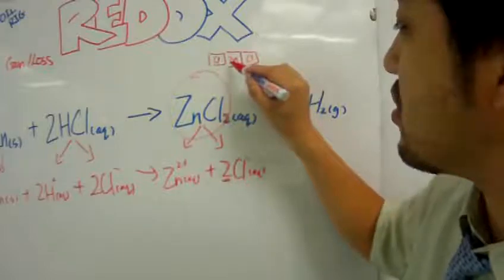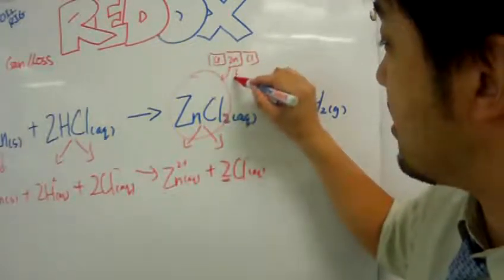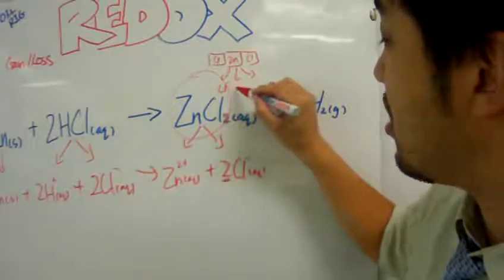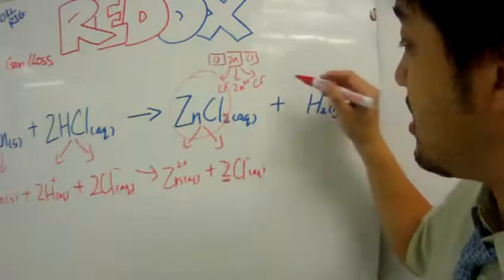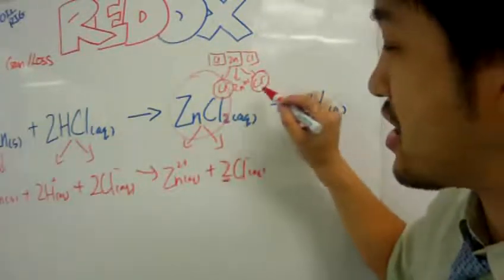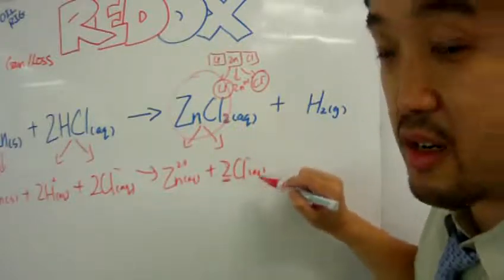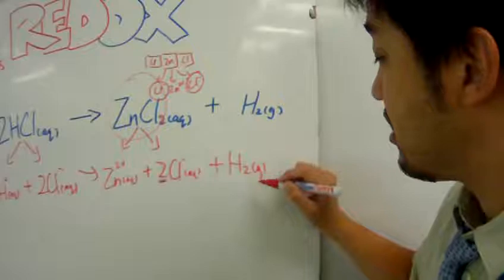So 2 chlorides with 1 zinc. And so in solution, it breaks down into 3 pieces: 1 chloride, 1 zinc, and another chloride. You take 2 of these pieces because they're the same thing, and you write 2 here. Okay, and it forms hydrogen gas.